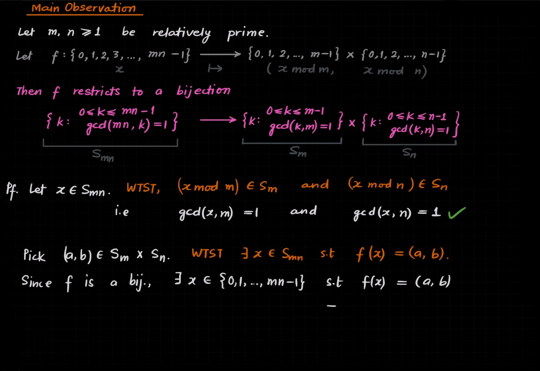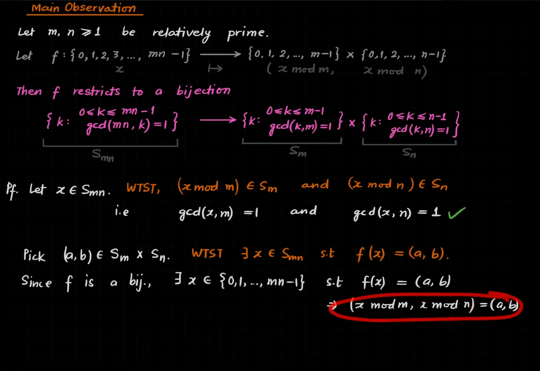But what is f of x? x mod m, comma, x mod n. So we know that there is an x here such that a is x mod m and b is x mod n, right? This equation just tells us that x mod m is a and x mod n is b. Now what that means is that x is relatively prime to m.